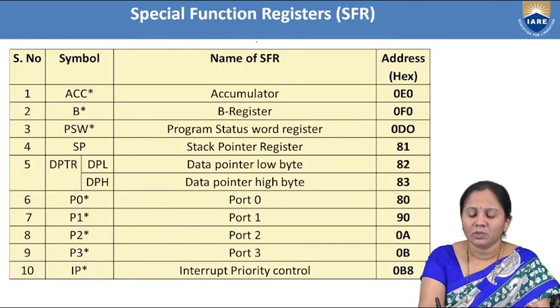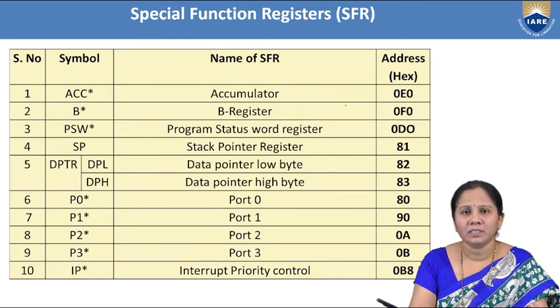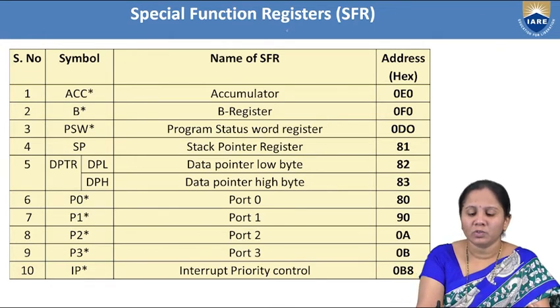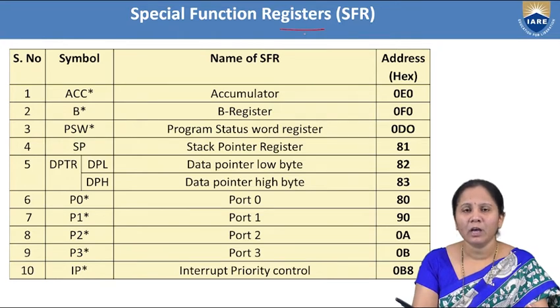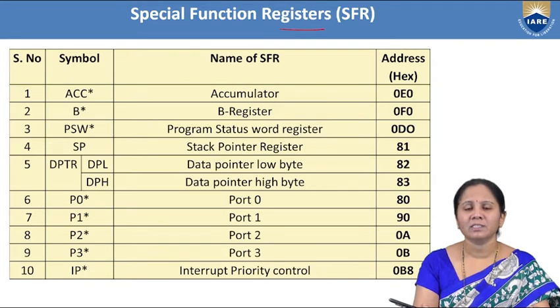All these are different registers available in the 8051 microcontroller. Some of the special function registers are given here. Among them, some of the registers are bit addressable, whereas some are not bit addressable.